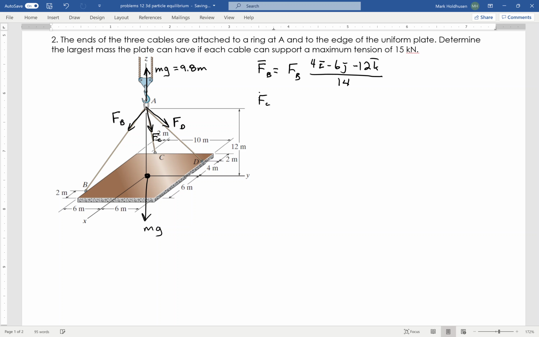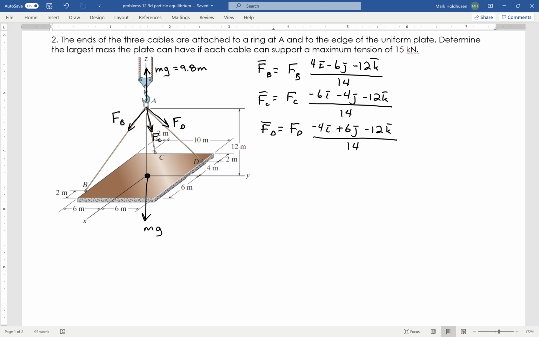FC is going to be, again, my unknown, negative 6I minus 4J, and also minus 12K. The square root of the sum of the squares is 14 again. FD, my unknown force, is negative 4I plus 6J, and again also minus 12K. And again, that length is 14: 4 squared plus 6 squared plus 12 squared gives me that 14.